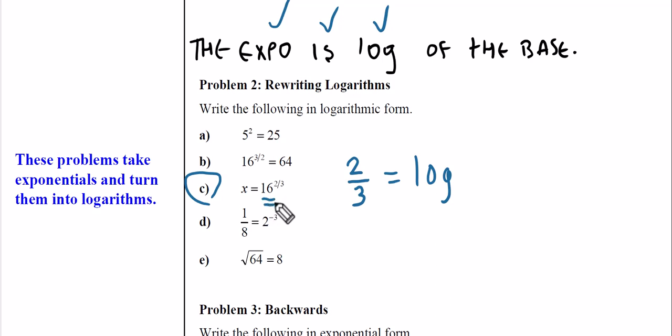How do we know the base is 16, Mr. Over? Why isn't that x? Because the base is the big number that has a little hat called an exponent. So if something has an exponent, then whatever has an exponent is called a base. So the base is 16. And then this x happens to be the argument.